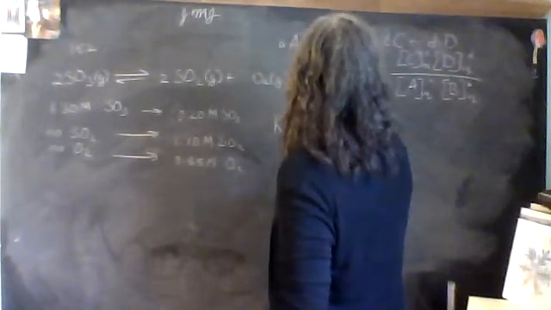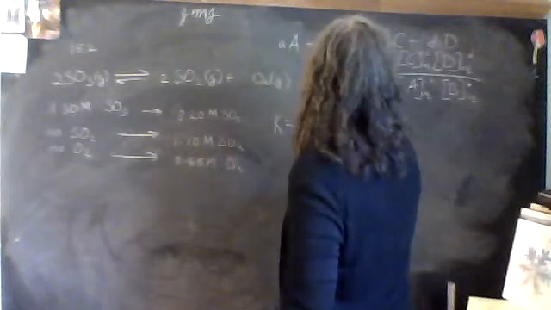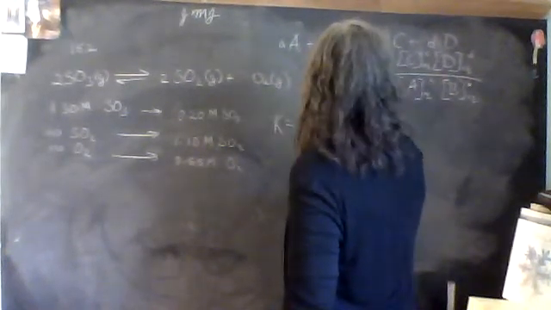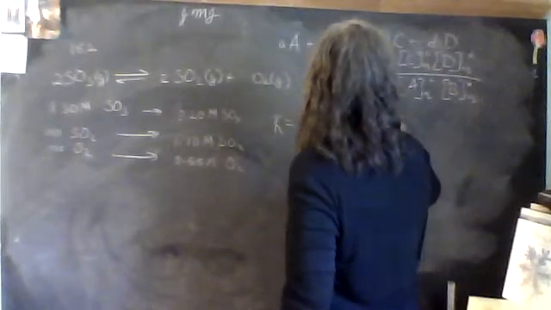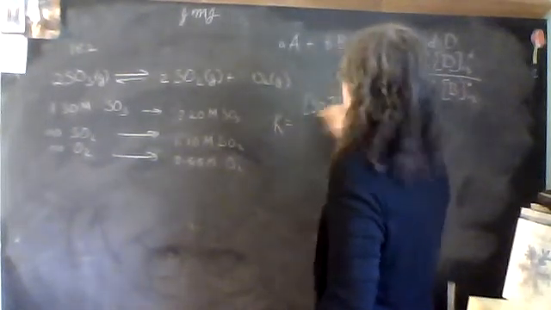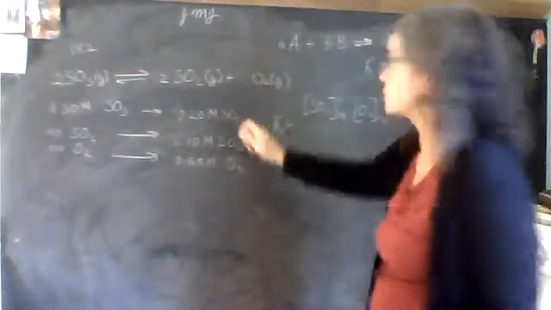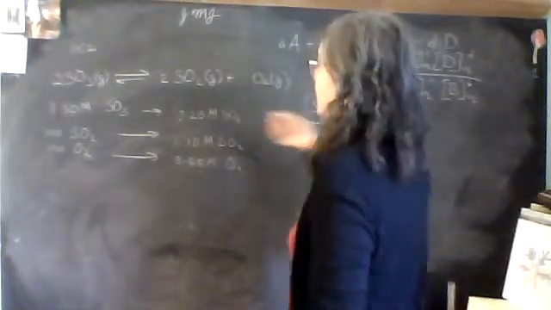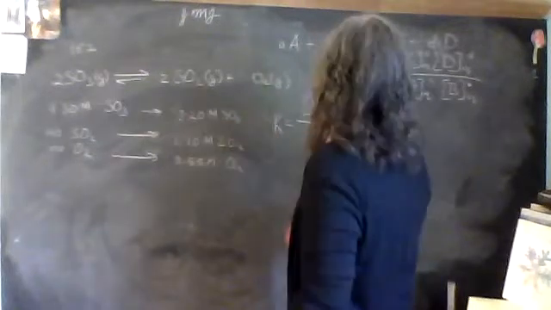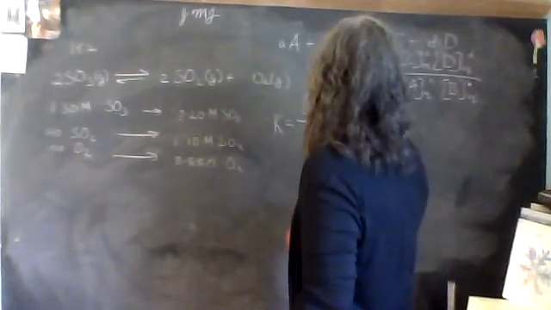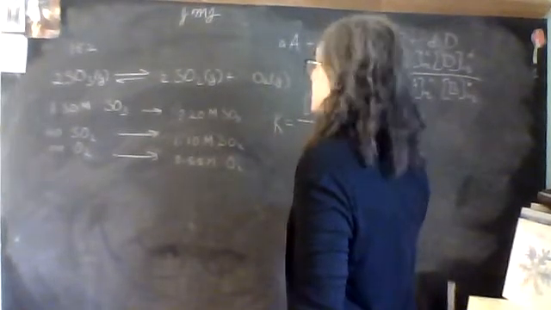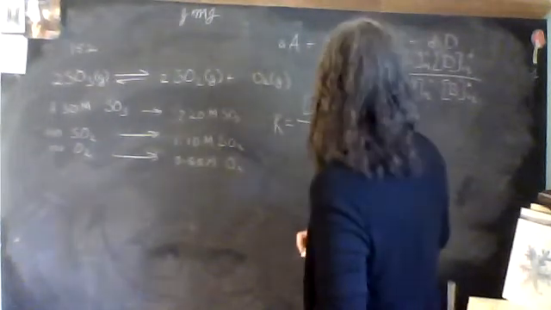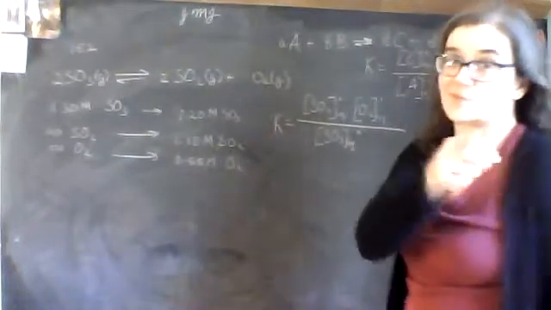I'm writing it all out, even though it may seem tedious: SO2 at equilibrium, times the concentration of O2 at equilibrium to the exponent 1, because the coefficient is 1, divided by the concentration of SO3 at equilibrium squared. I'm not getting any of my exponents wrong this time.